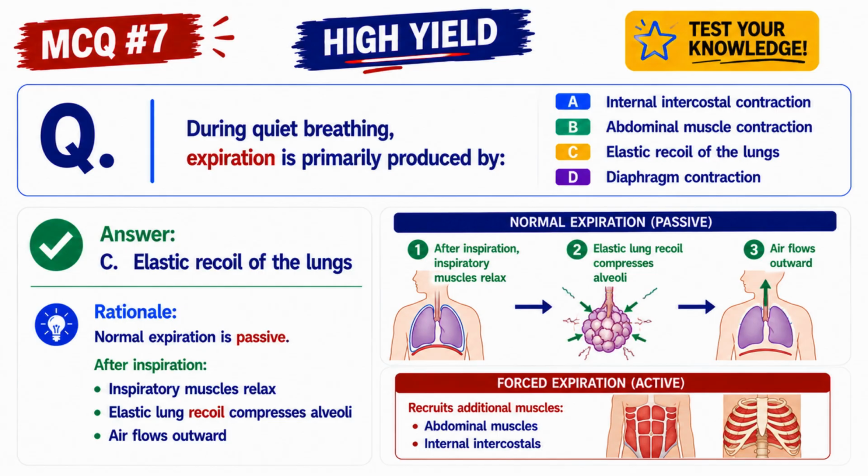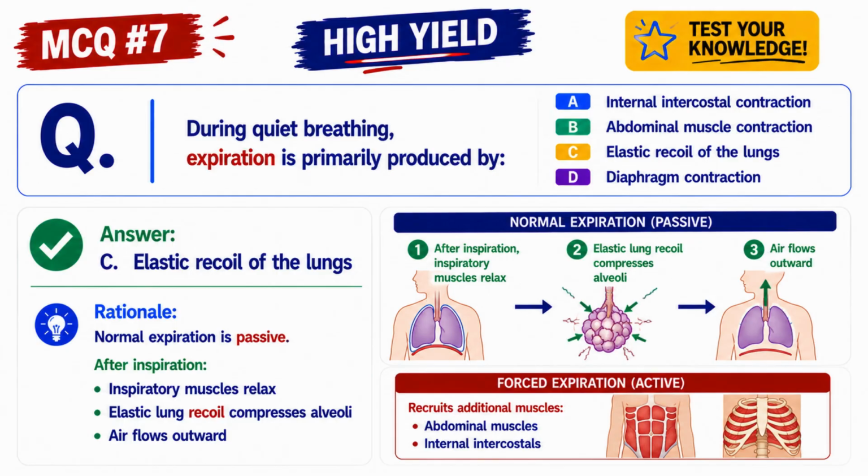Expiration is free, but forced expiration, coughing, exercise, playing a wind instrument, is active. Internal intercostal muscles pull the ribs down and inward. Abdominal muscles push the diaphragm upward. Alveolar pressure rises rapidly. High expiratory flow rates are generated.